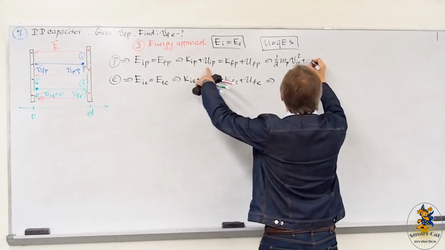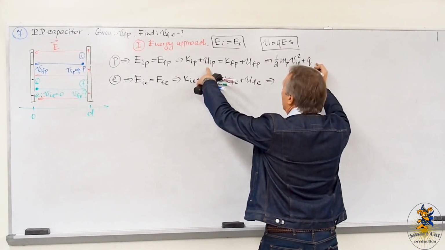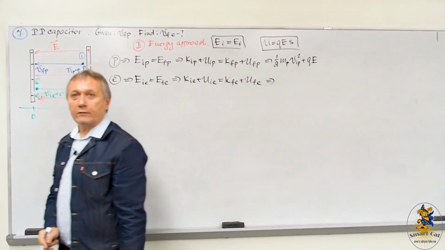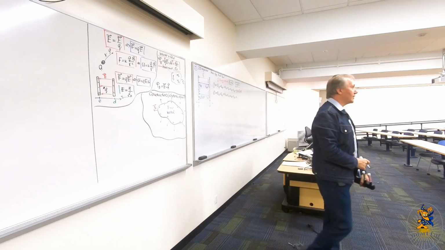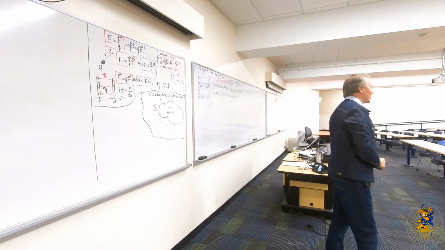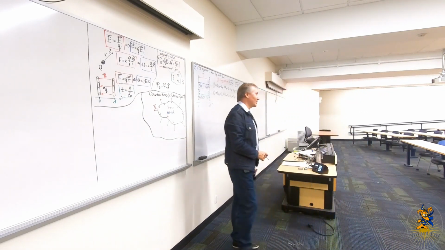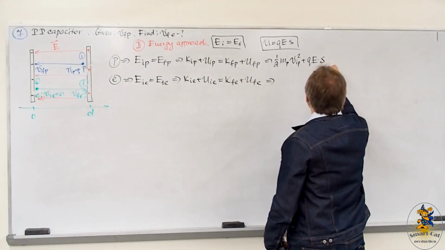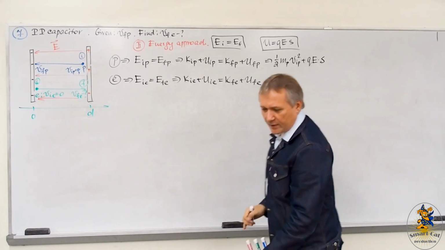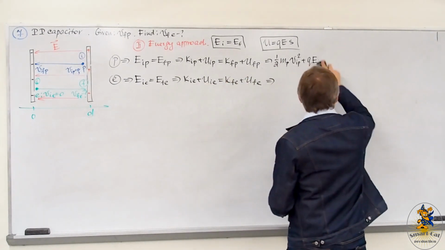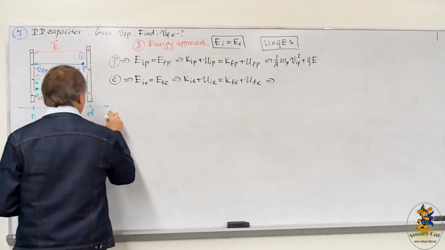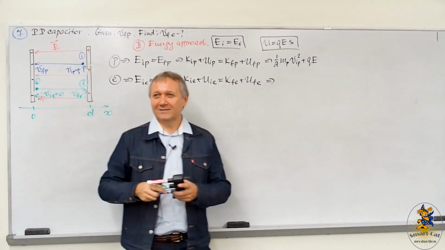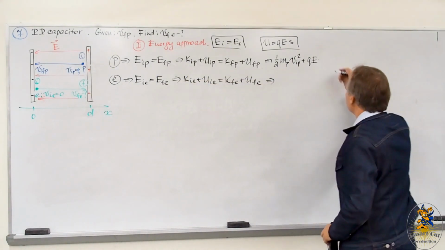So Q of the proton, electric field. Do I have to put any subscript next to the electric field? No, of course it would be silly, because they're exposed to exactly the same electric field. Then initial position of, did I use S? No, I think I used X. Forget about this S. I try to follow the notation of the book, but sometimes let me use X, it's more convenient.